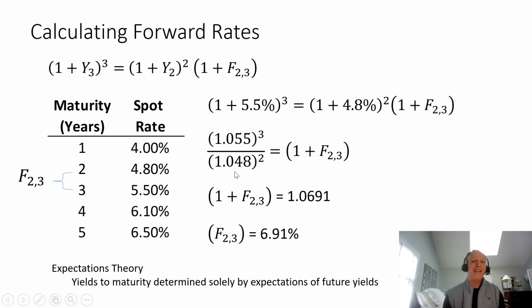So that's a pretty significant increase in 1-year interest rates based on the expectations theory that yields to maturity are solely determined by the expectations of future yields. This is how you calculate forward rates.